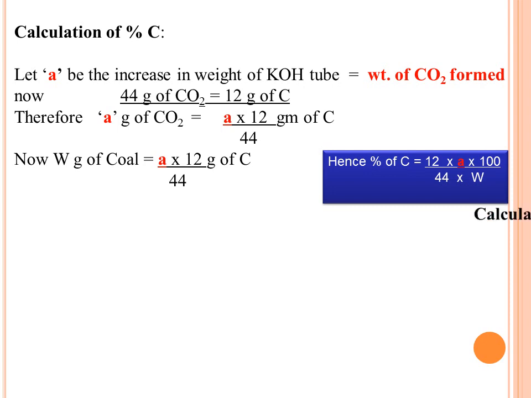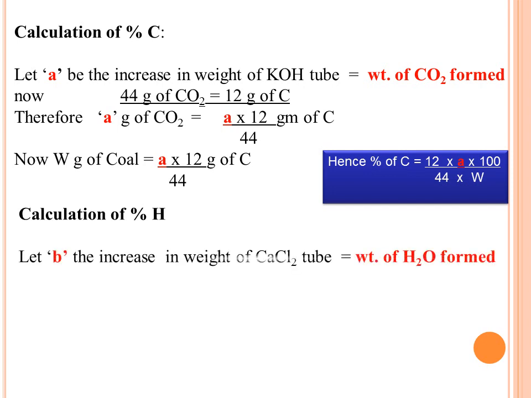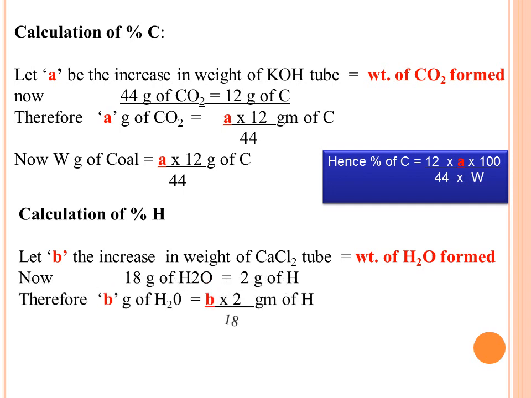In similar fashion, we have to calculate the percentage of hydrogen. Now if B is the increase in weight of the CaCl2 tube, that is nothing but the weight of H2O formed, because H2O will be absorbed in CaCl2. So we know that 18 gram of H2O is formed from 2 gram of hydrogen, or we can say that 18 gram of H2O contains 2 gram of hydrogen.